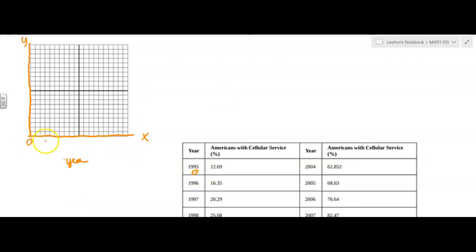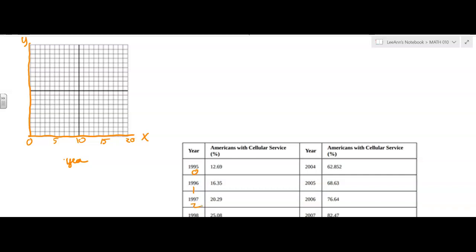Okay? So I'll count 1, 2, 3, 4, 5, year 5, year 10, year 15, and year 20. And we're going to count our years. 1995 will be 0, 1996 will be 1, 2, and then so on.